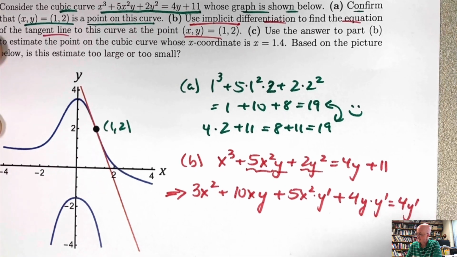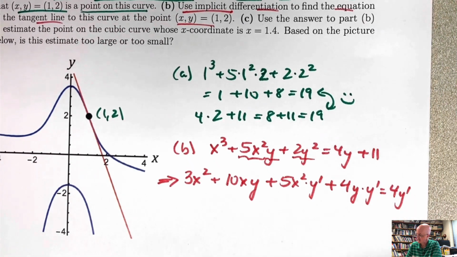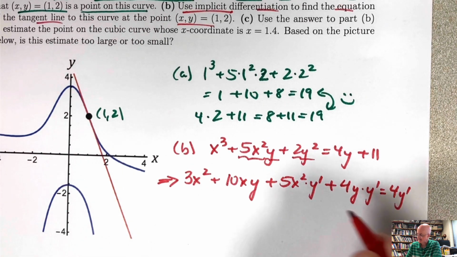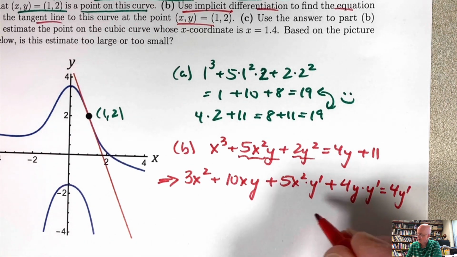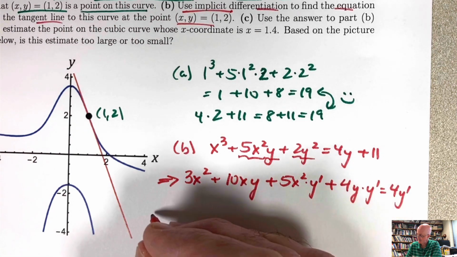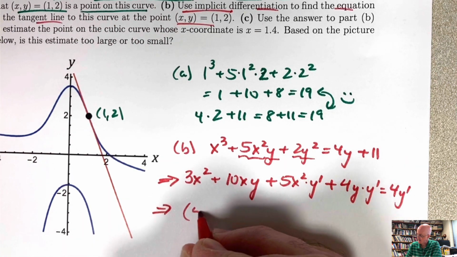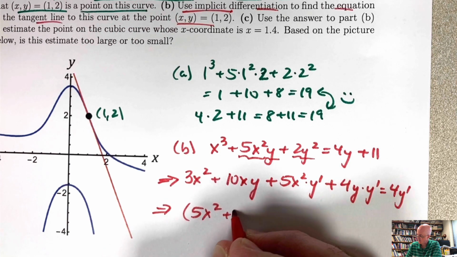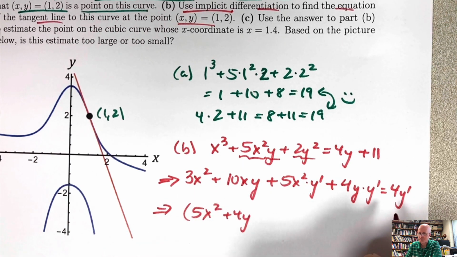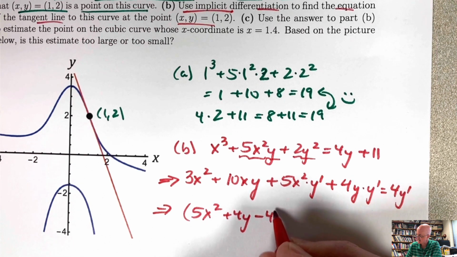Okay, solve this now for y prime. It's not as hard as it looks. It's linear in y prime. I can get all the y primes on the left side and everything else on the right. So let's see, and factor out a y prime, I'll get 5x squared plus 4y, careful, minus 4 from this term that's switched over to the right. I'm subtracting 4y prime from both sides.